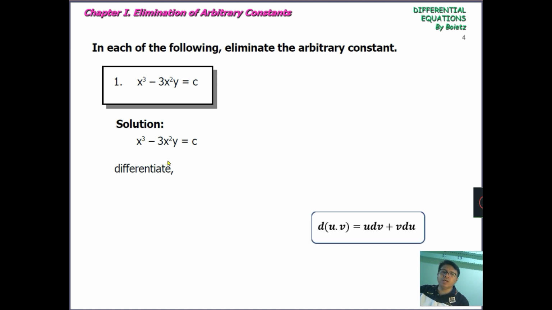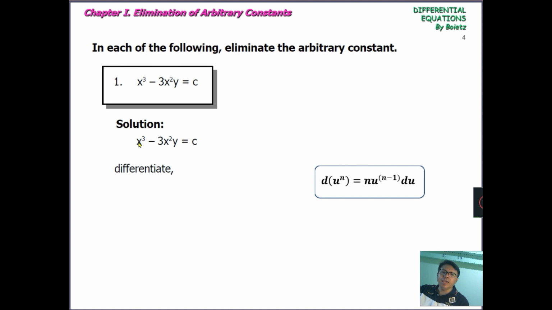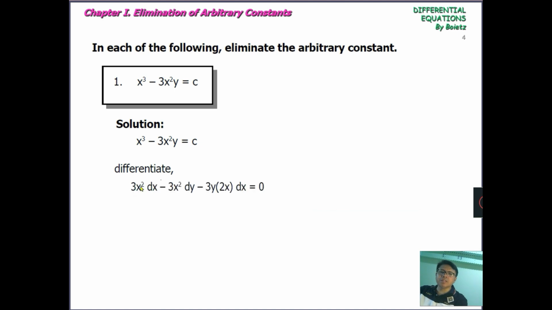So yeah, okay, so differentiate for this one is power. So we're ignoring this one. Derivative ng power is 3x squared, derivative ng x is dx. Okay. So, derivative na, yun yan. And then this one is, unahin muna natin, this one is your first term, negative 3x squared. Derivative ng y is dy. Ito yun. Negative 3x squared, derivative ng y is dy.